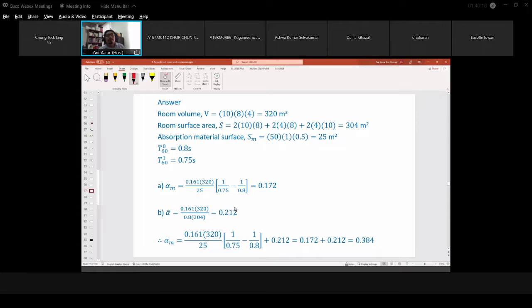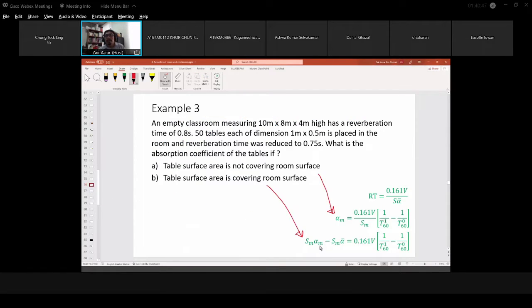Then the absorption coefficient for the material will be equal to 0.161 times the volume of the room divided by the absorption material surface, or the table surface, times 1 over T60 with the material minus 1 over T60 without it, plus the average absorption coefficient for that room. So basically it's actually this equation, we just rearranged it.